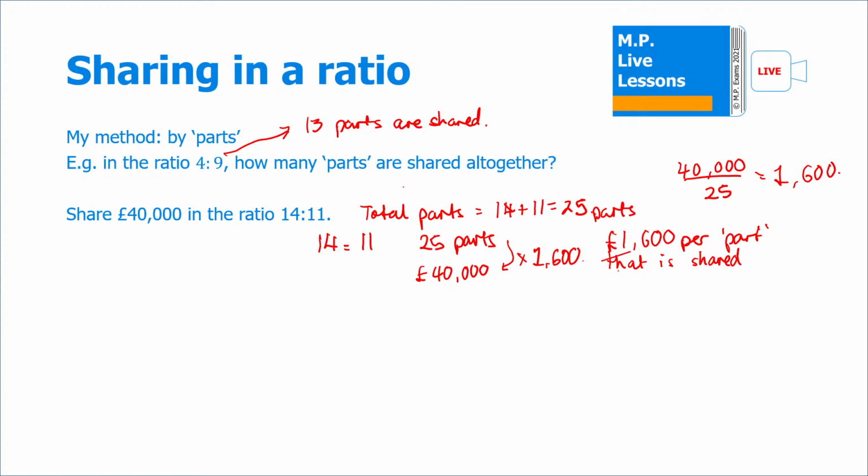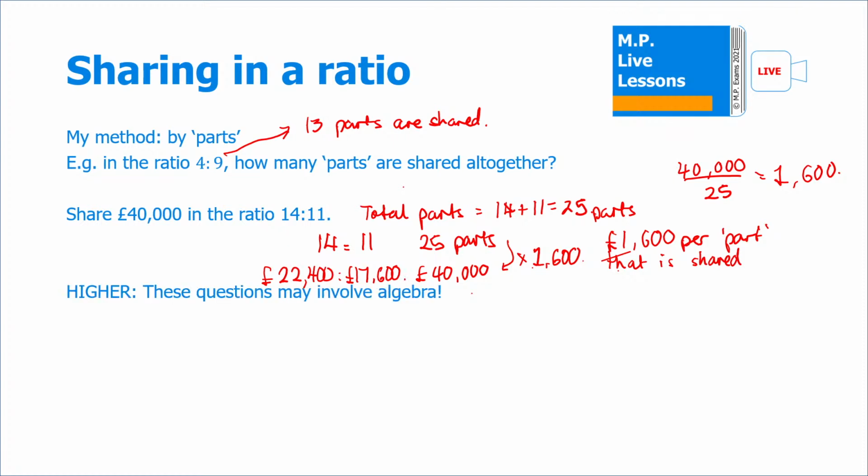So basically what you can do now is multiply each bit in the ratio by 1,600 and you'll see what each person will get. So 14 times 1,600 gets you 22,400, and then the other person will get 11 times 1,600, which is 17,600.